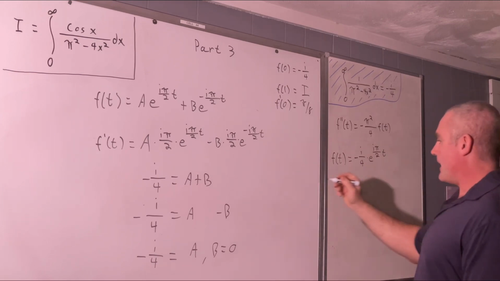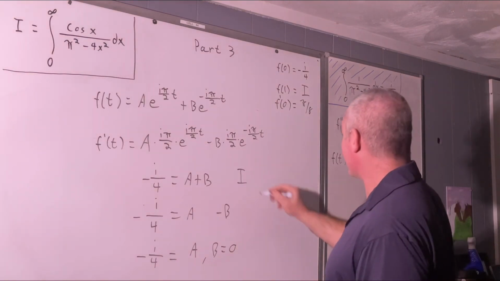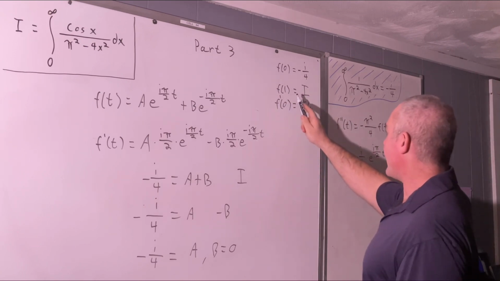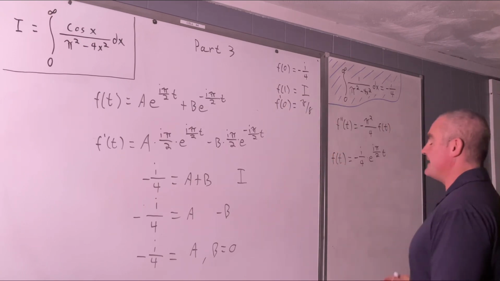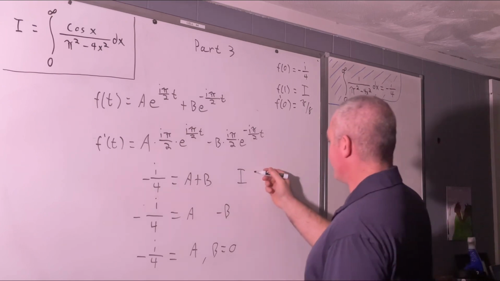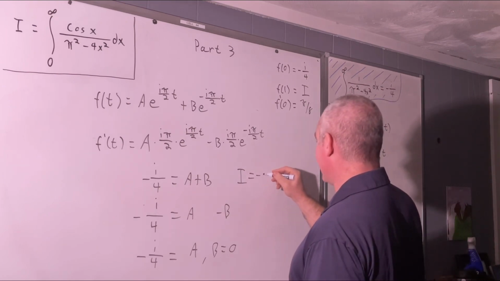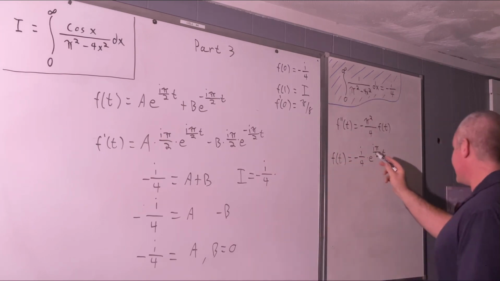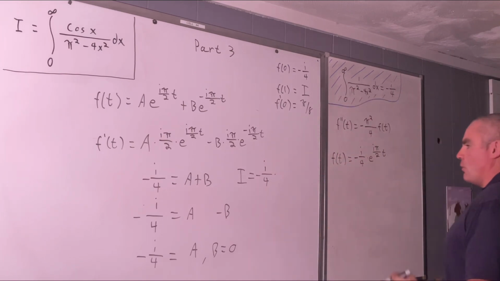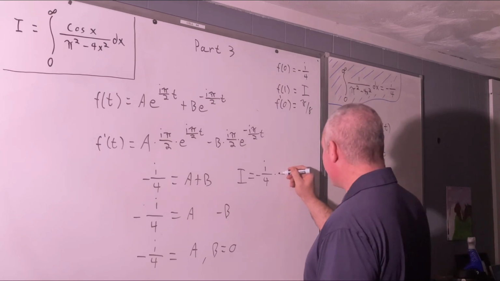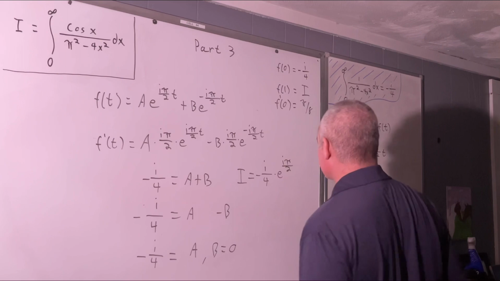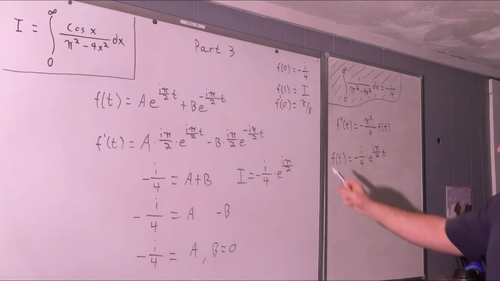And now we know that our original integral is equal to our f of t evaluated at the point t equal to 1. So what's that give us? I is equal to negative i over 4 times e to the i pi over 2 times 1, or just e to the i pi over 2. Well, what is e to the i pi over 2?